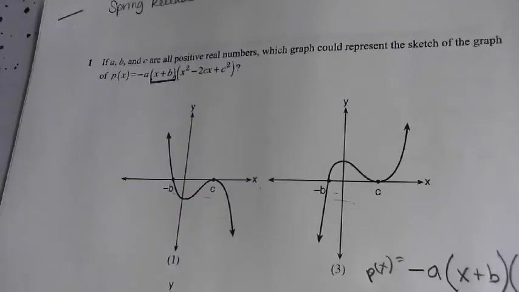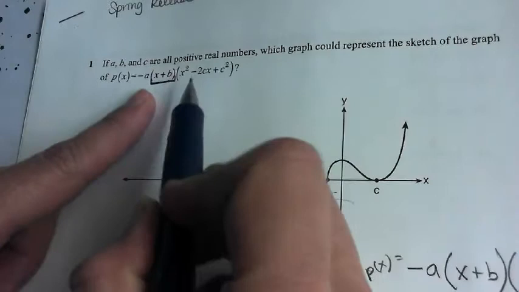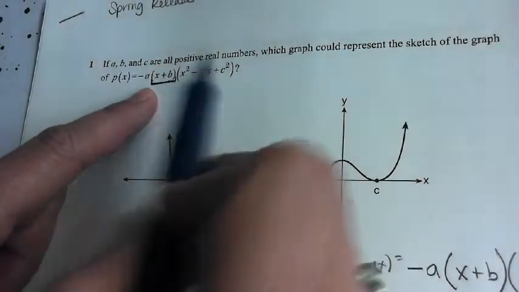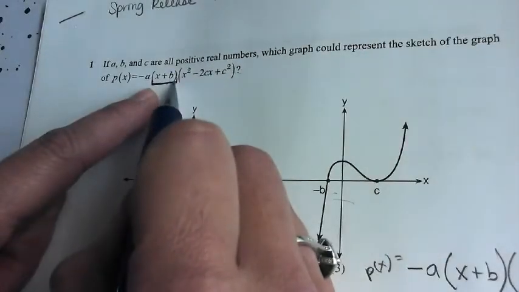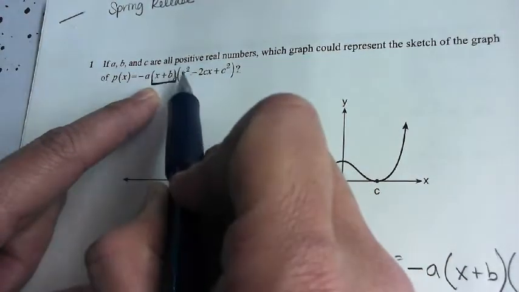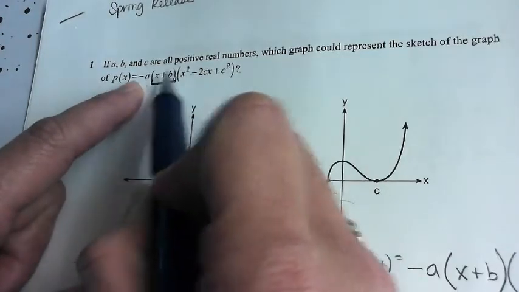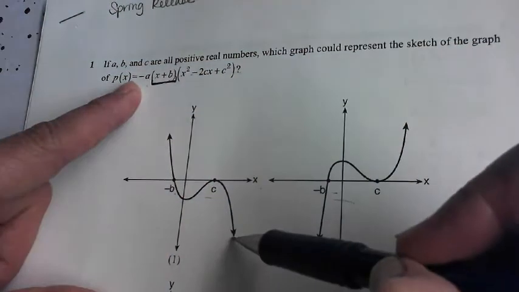Now there's a couple different ways we can now narrow down between 1 and 3. What is the degree of this polynomial in total? 3. We have a quadratic and a linear. So x squared times x is x cubed. It's a negative x cubed, which means it starts high, ends low.